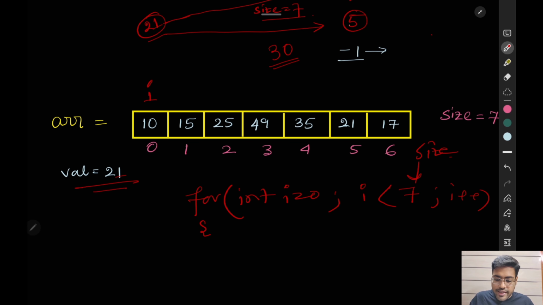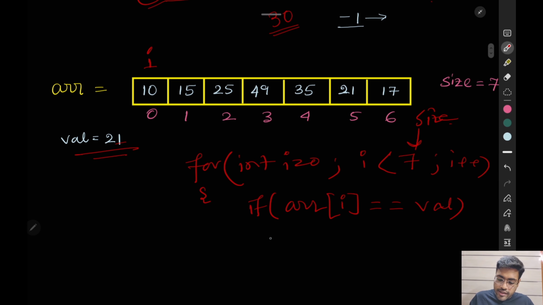Then I will check if arr of i is equal to val or not. If the condition is satisfied, then it will return the index number.